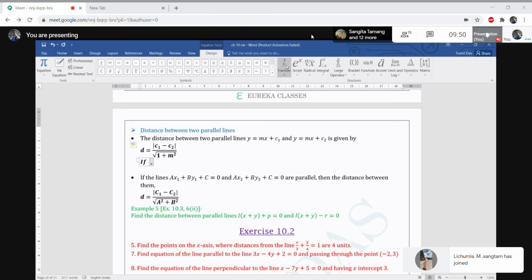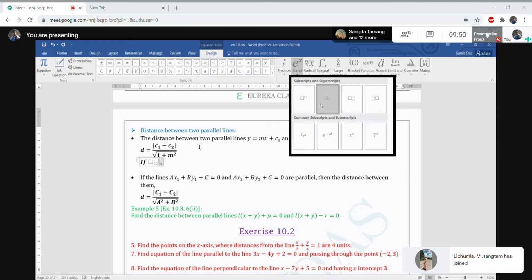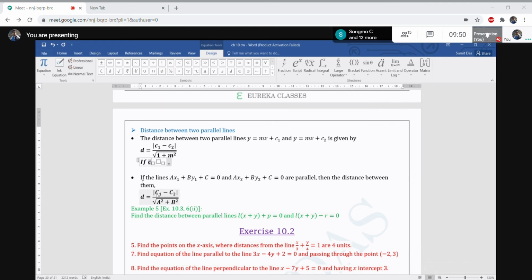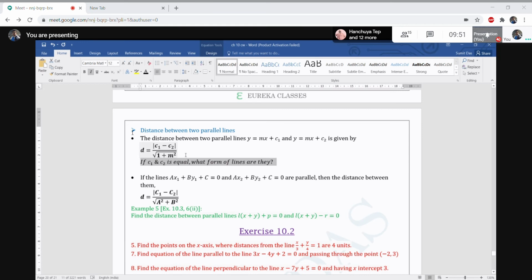I want to know what the situation is if c1 equals c2, and what form of lines they are. That I'm giving as homework.